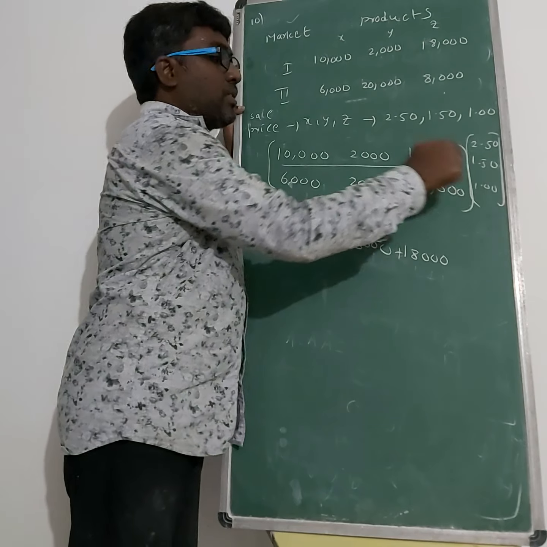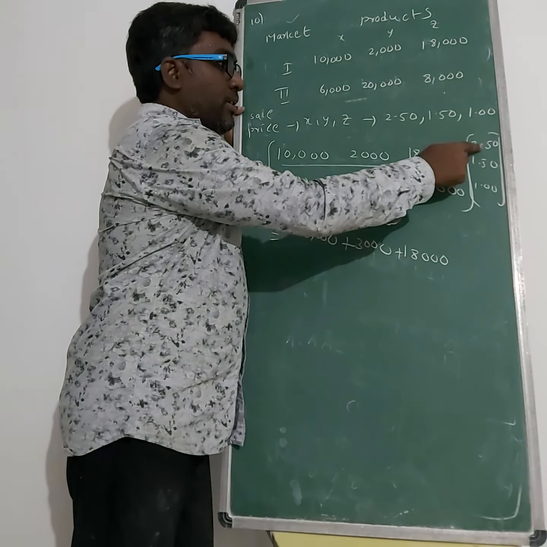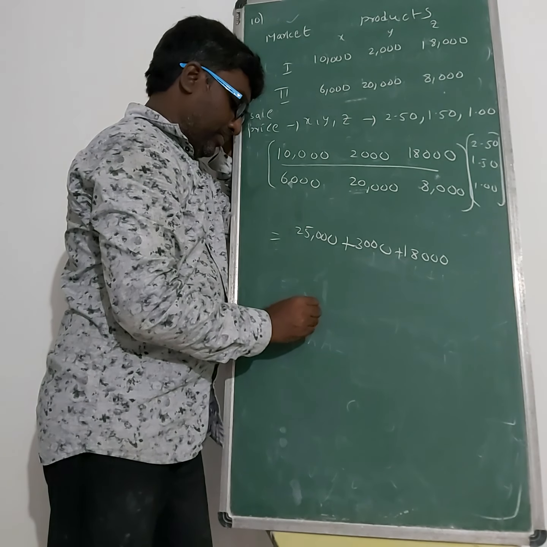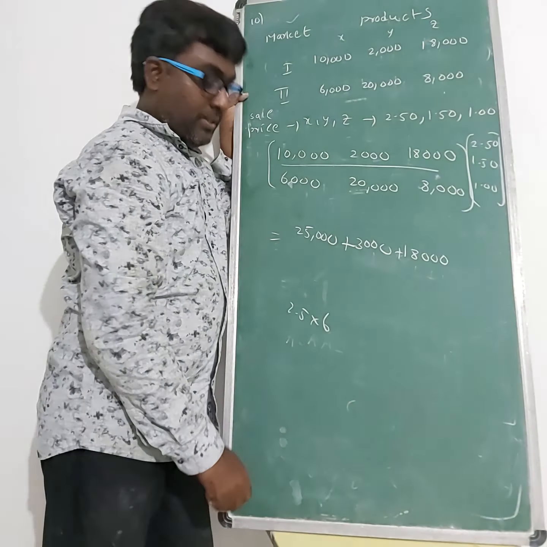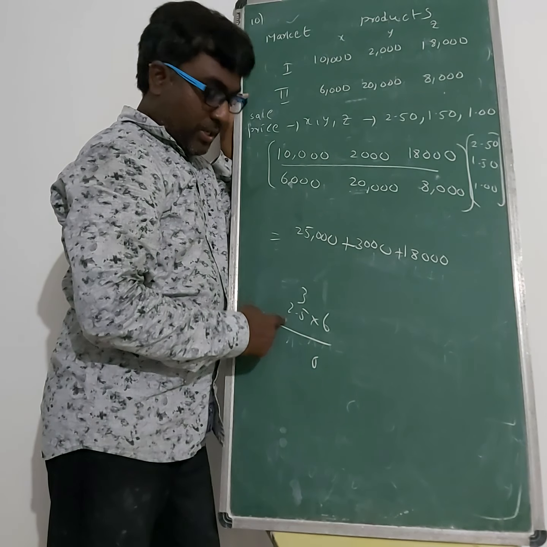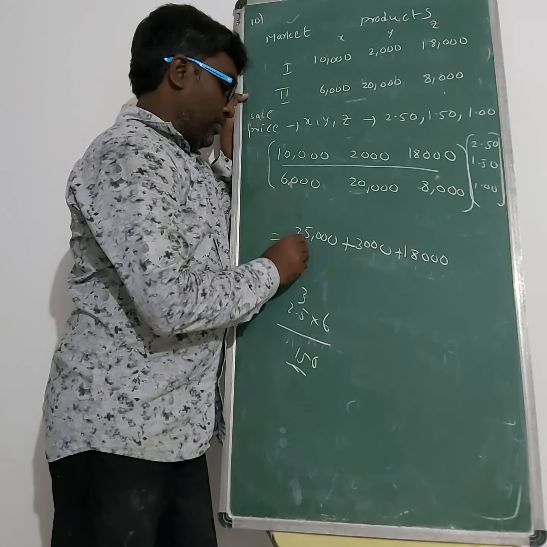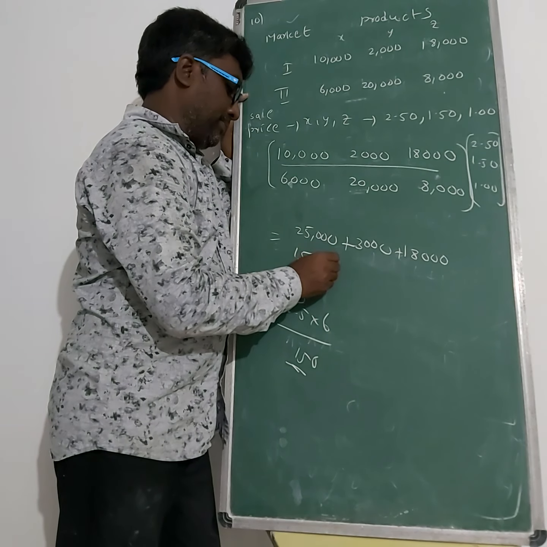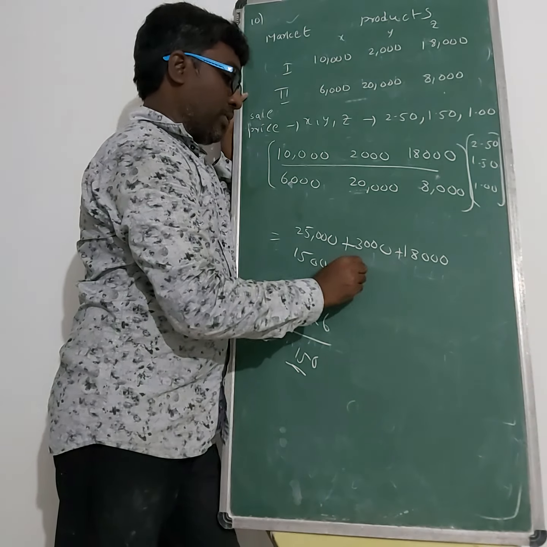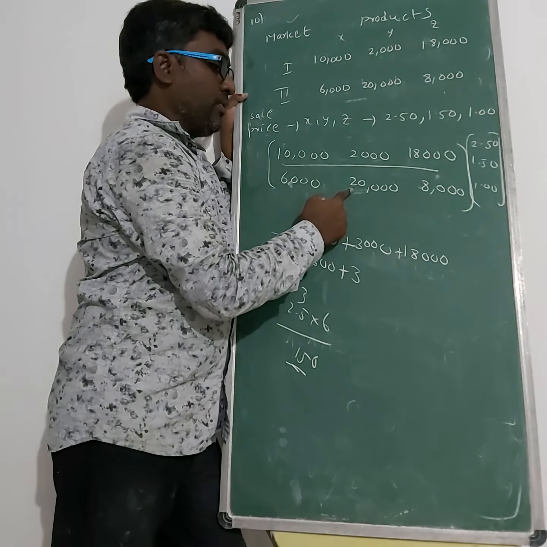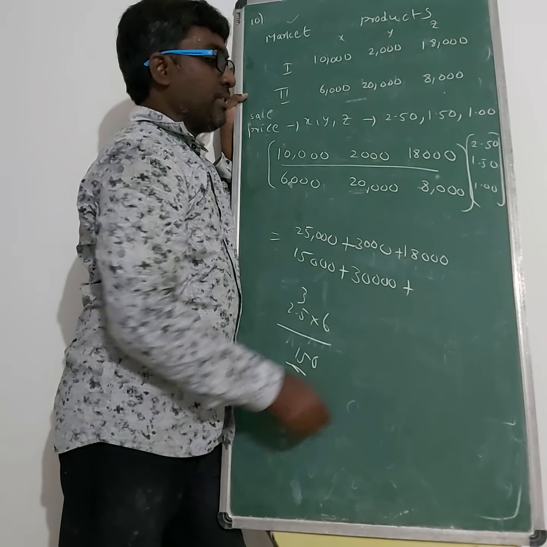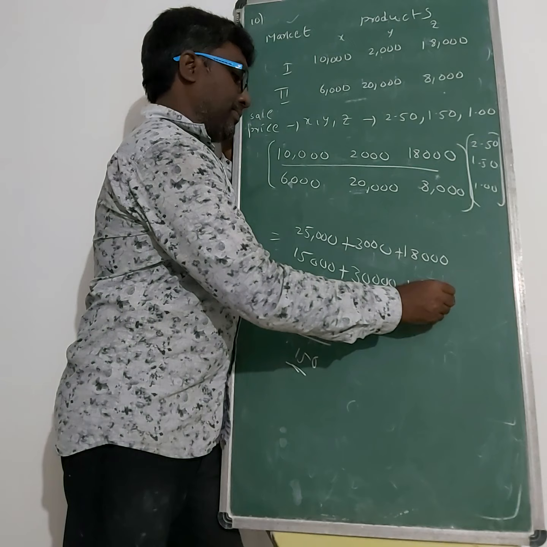And second row first column: 6,000 into 2.5 is 15,000, plus 20,000 into 1.5 is 30,000, plus 8,000.